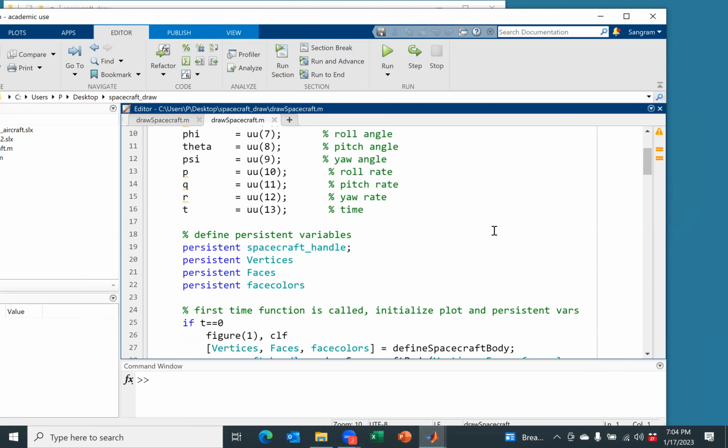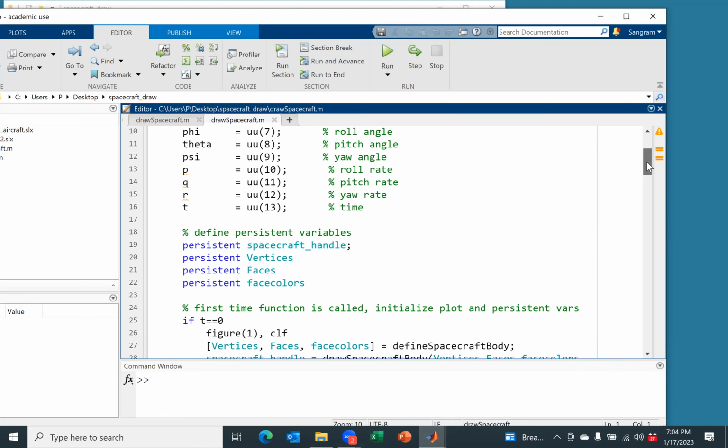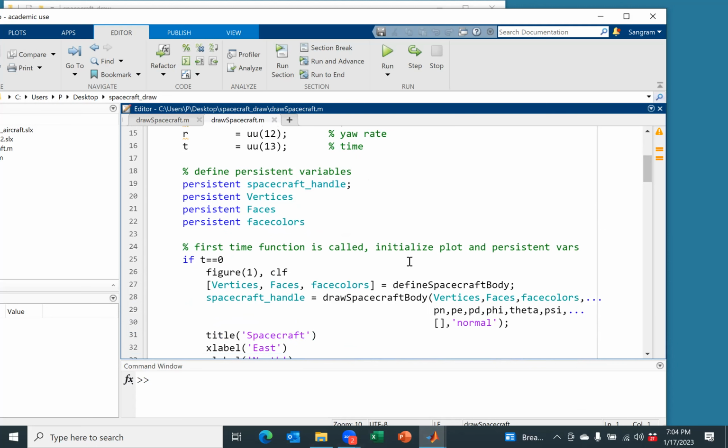Then here in MATLAB, I use something called persistent variables. These persistent variables are sort of global variables, or variables that remain fixed and don't change. Then first I substitute when time t is equal to 0.